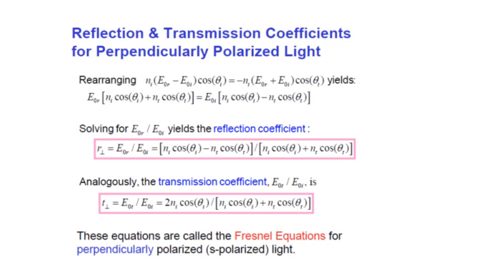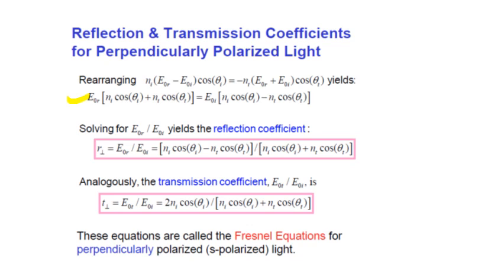If we rearrange this, then ni(E0r minus E0i) cos theta i is equal to nt(E0i plus E0r), which yields this. You just rearrange this.